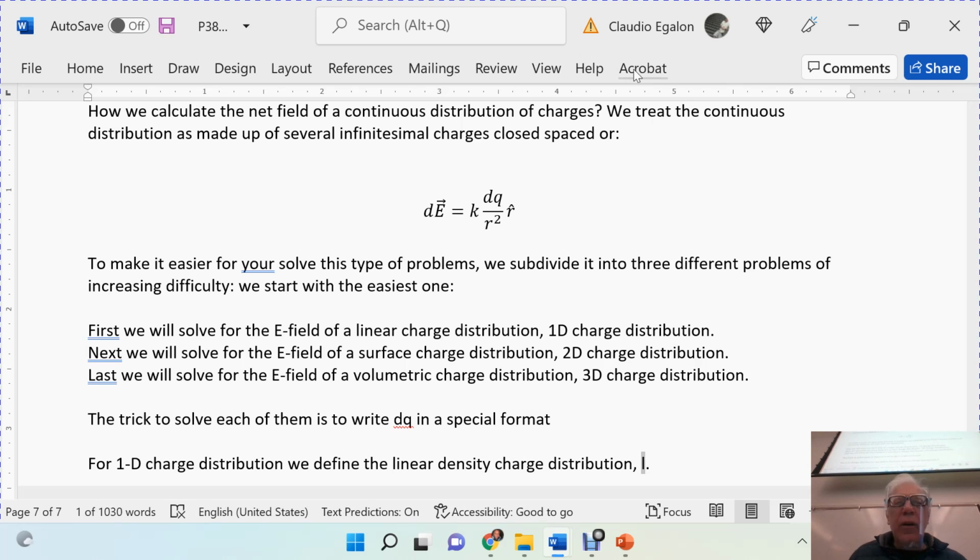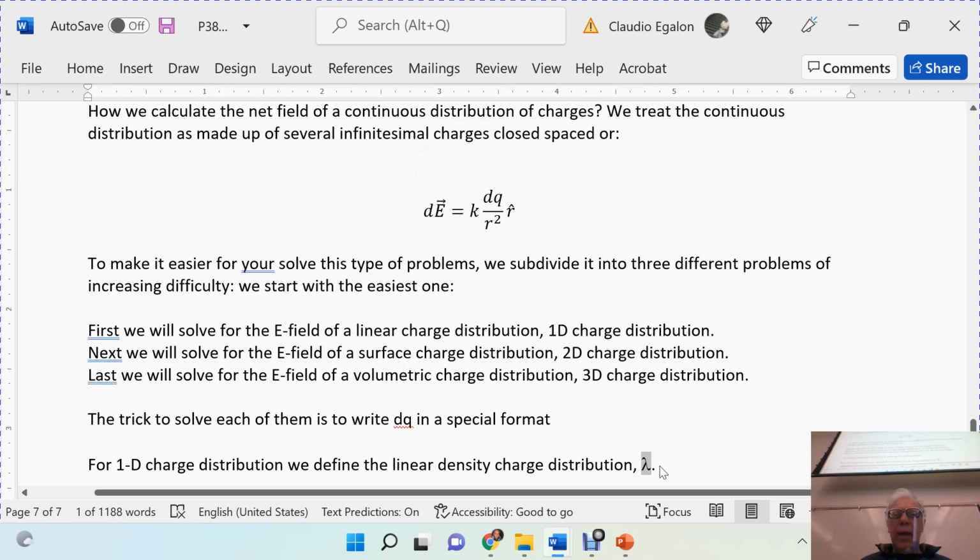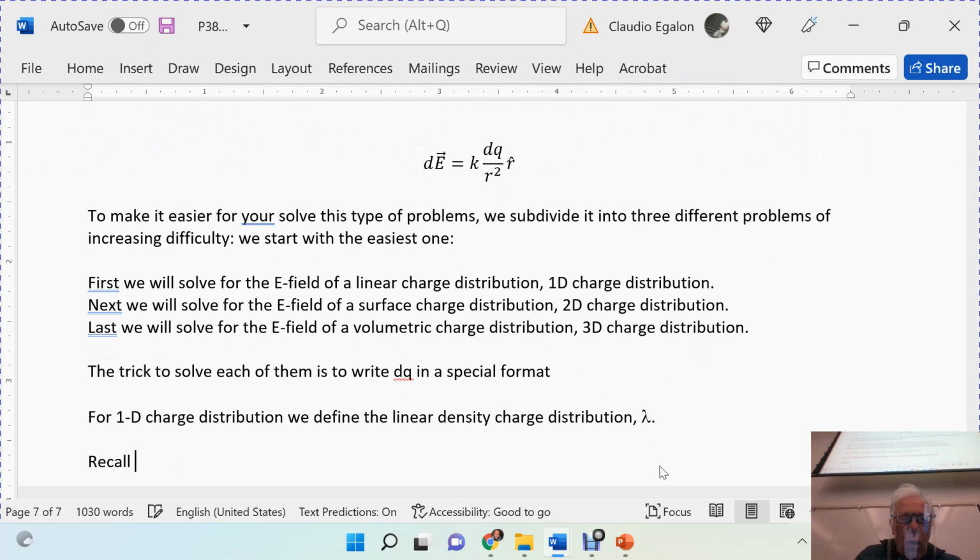How is this linear charge density defined? By the same token that we define a linear mass density. Recall how we defined a linear mass density in Physics 37.